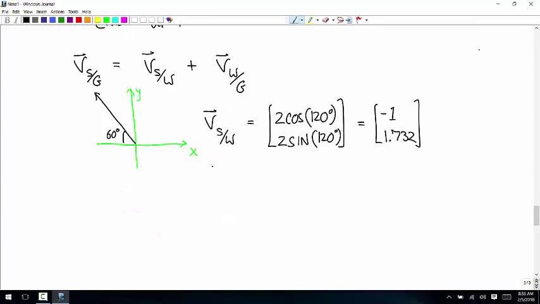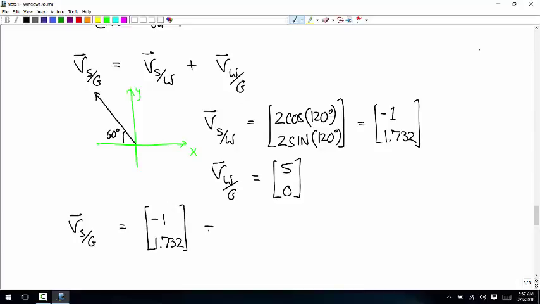And then the velocity of the water relative to the ground is 50. So the velocity of the swimmer relative to the ground is equal to negative 1.732 plus 50.